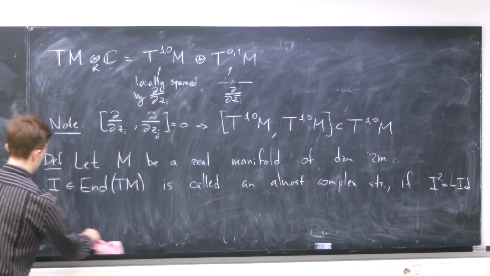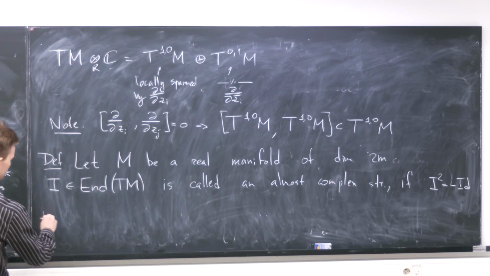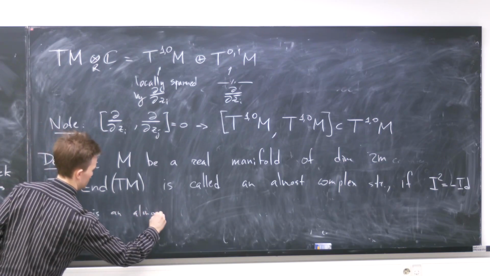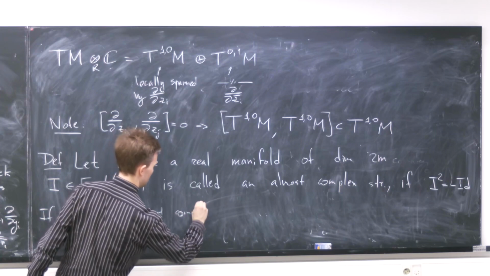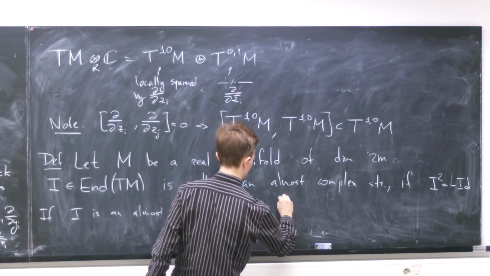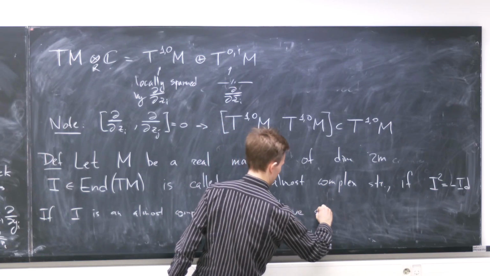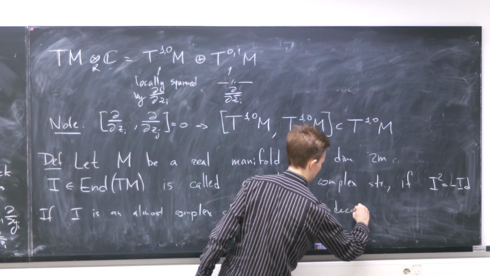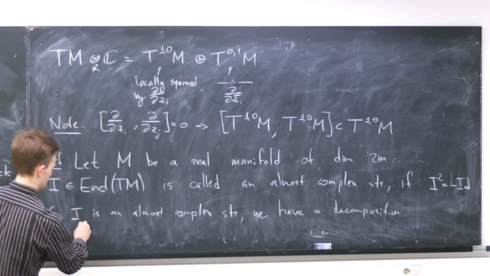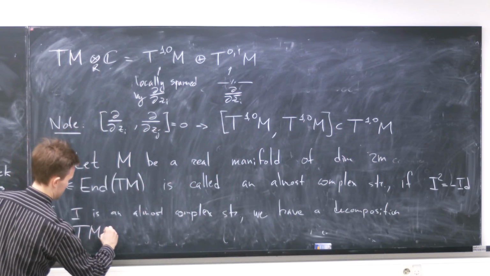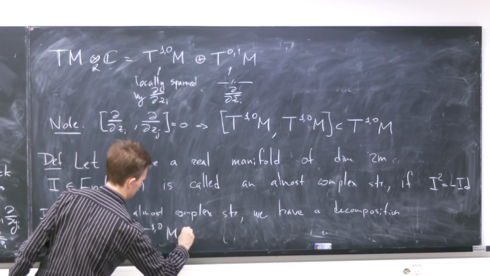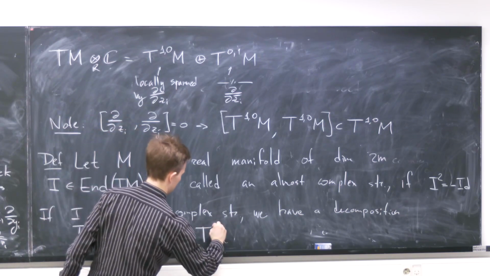So in this case, if I is an almost complex structure, we have a decomposition as before. So the complexified tangent bundle decomposes into the direct sum of two eigensubbundles, T10 and T01.